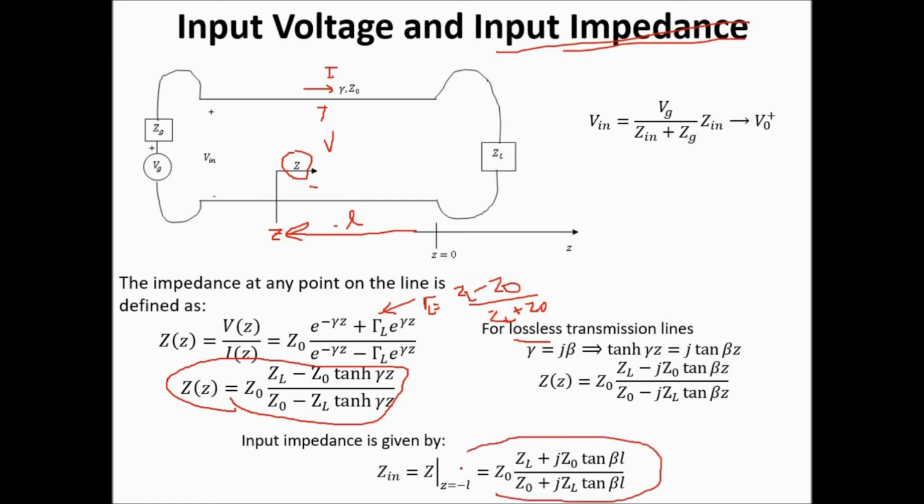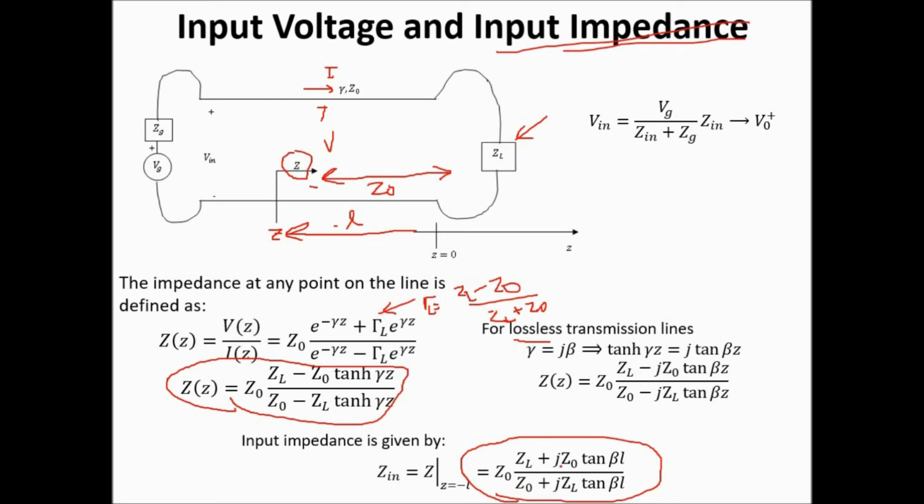So if you look at this, the input impedance, or the impedance at this point, basically includes the load impedance plus the impedance from here to here. That's the characteristic impedance and also the contribution from the length.